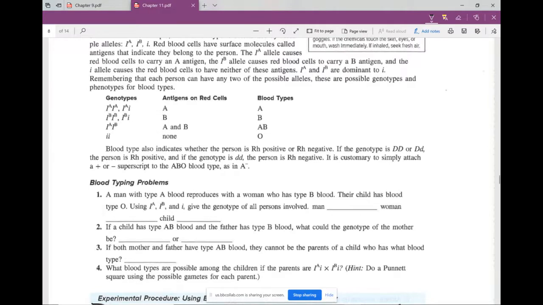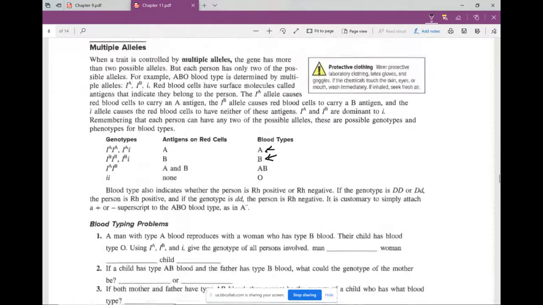Blood types. Blood types are a special case. The A blood type and the B blood type, the alleles that code for that are both dominant. So that's a weird case where you have multiple dominant alleles.